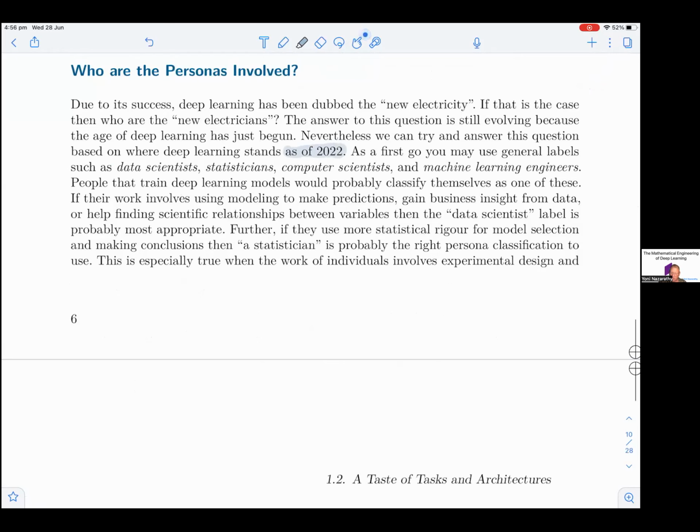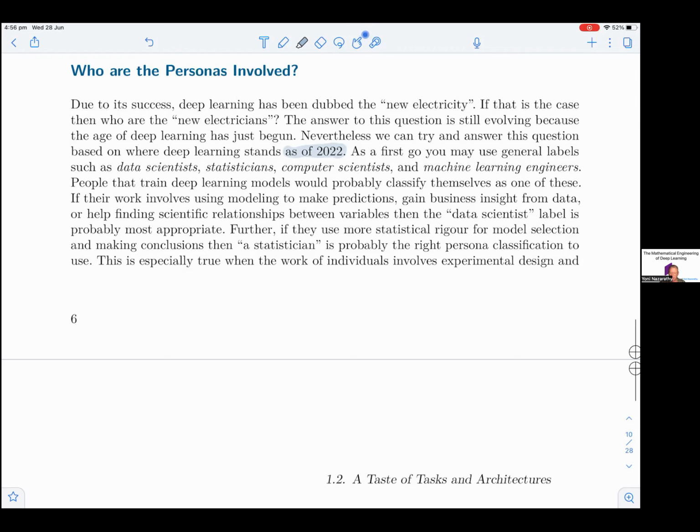As a first go, you may use general labels such as data scientists, statisticians, computer scientists, and machine learning engineers. People that train deep learning models would probably classify themselves as one of these. If their work involves using modeling to make predictions, gain business insight from data, or help finding scientific relationships between variables, then the data scientist label is probably the most appropriate.